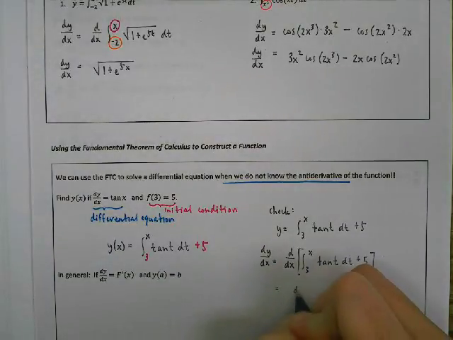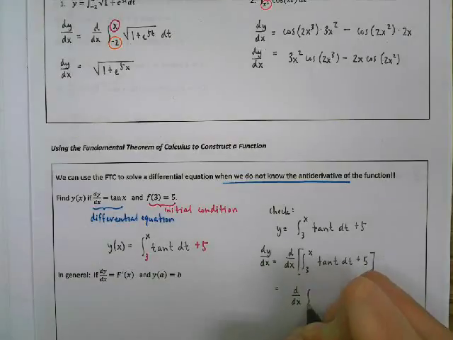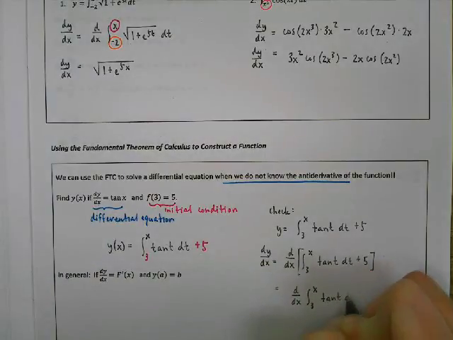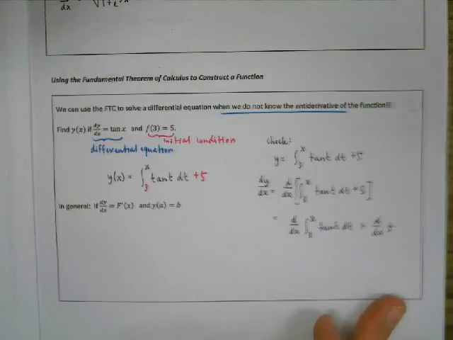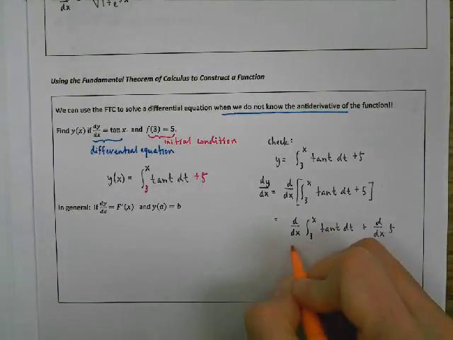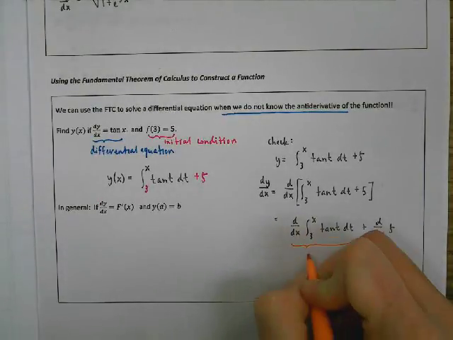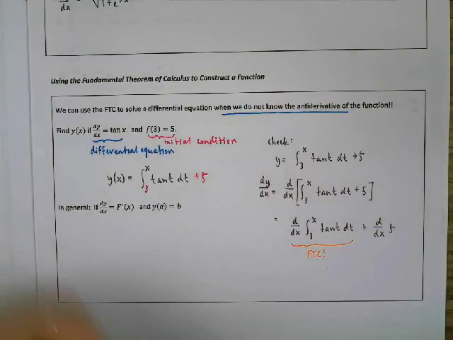So now, really what we have is the derivative with respect to x of our integral from 3 to x of tangent t dt, and we have the derivative with respect to x of our constant 5. Now, this should be very familiar here. This derivative of an integral, that's just the fundamental theorem.